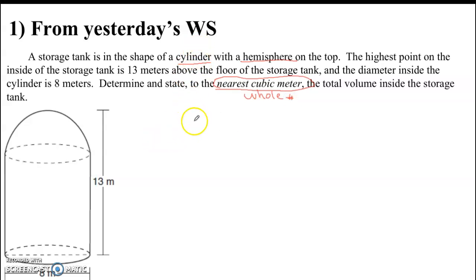So we know it's a cylinder, which is pi r squared h, plus a hemisphere, which is half the formula for a sphere, which is 4/3 pi r cubed. Here is the diameter, so the radius is 8 divided by 2, which is 4. Now, be careful. This 13 is the height of the entire shape. We need the height of just the cylinder, so up to here.